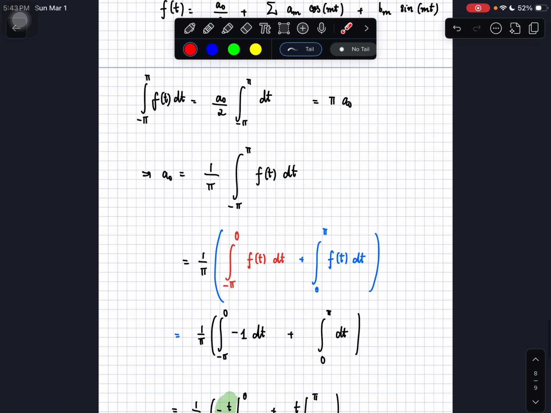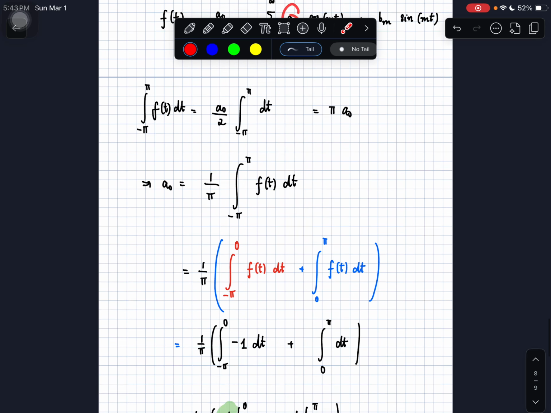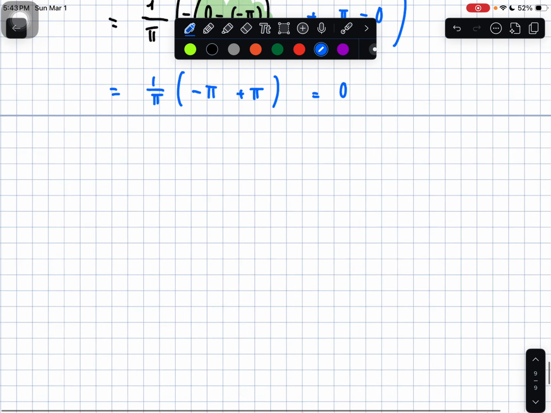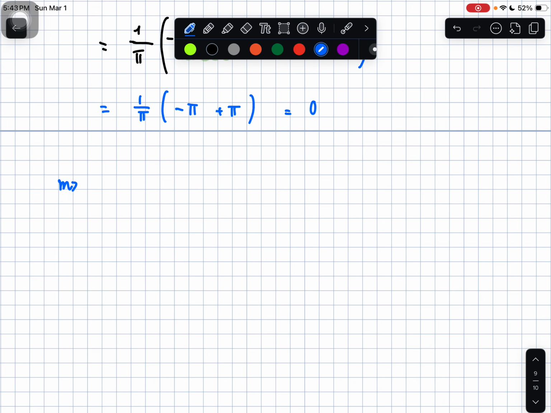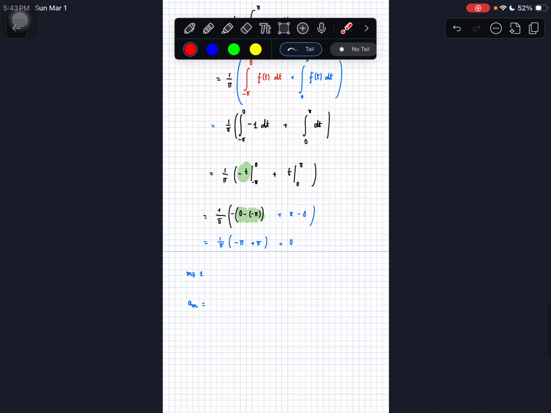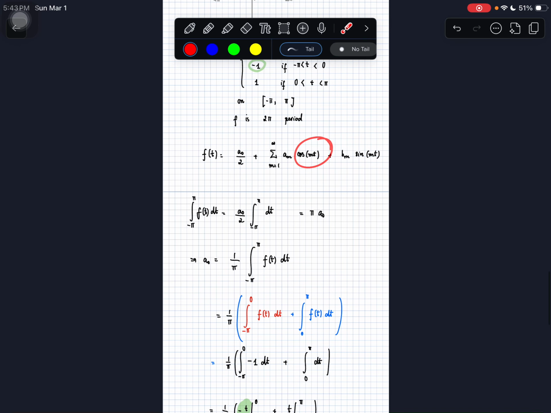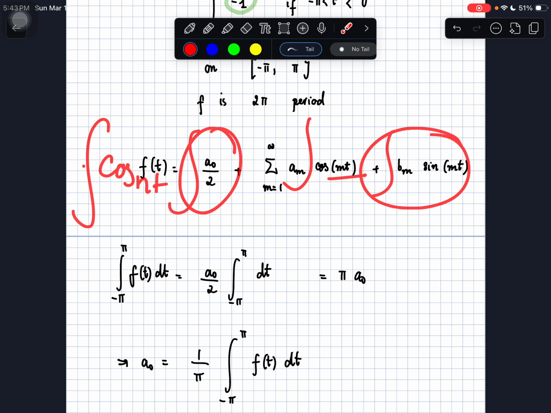Now we do a_m, m greater than or equal to 1. For a_m, the one for cosine, you multiply by cosine nt on both sides. You do integrating. All of these terms will be 0 except when m equals n. This one will give us pi.